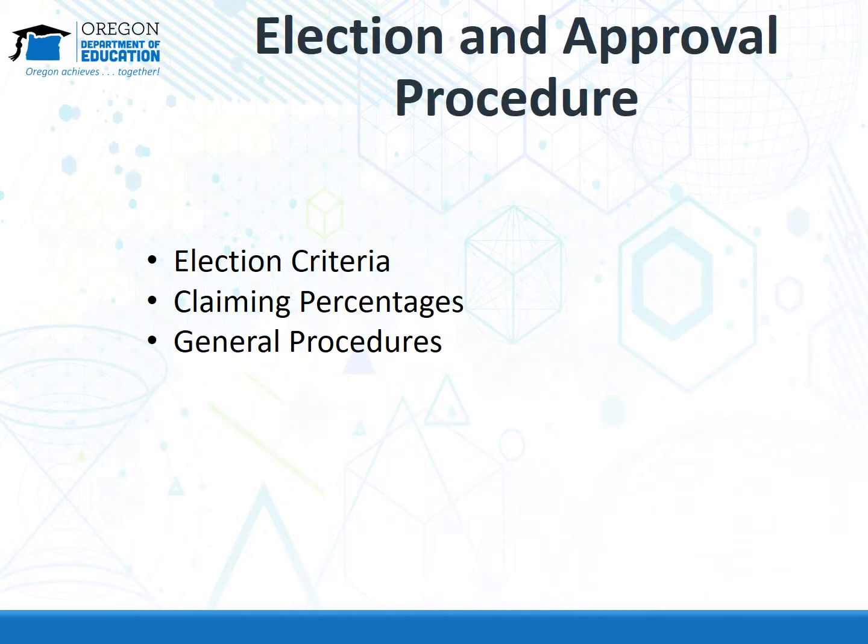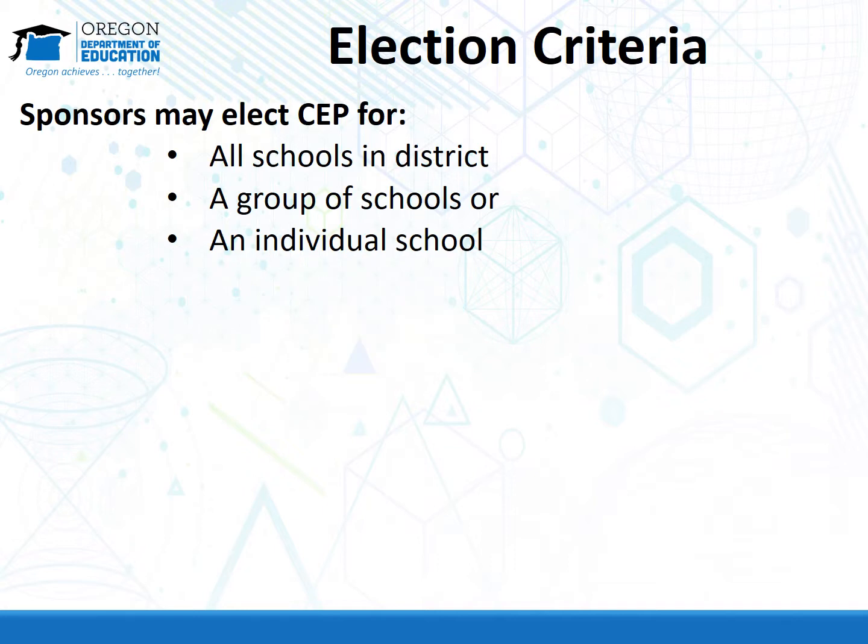Now we will discuss how CEP works. In the next few minutes, we will cover these topics: election criteria, claiming percentages, and general procedures. Sponsors may elect CEP for all district schools, a group of schools, or an individual school.